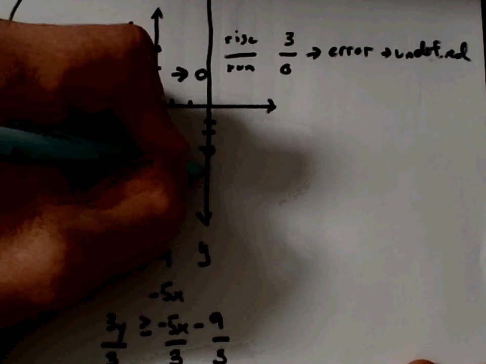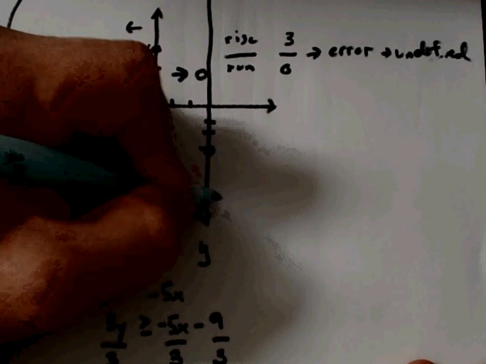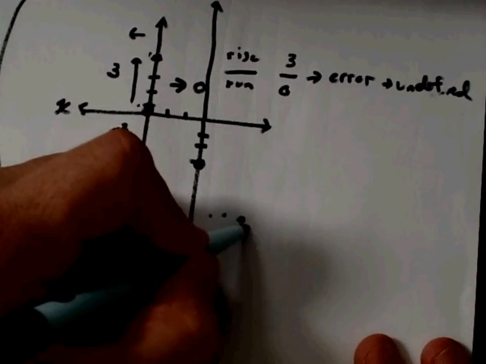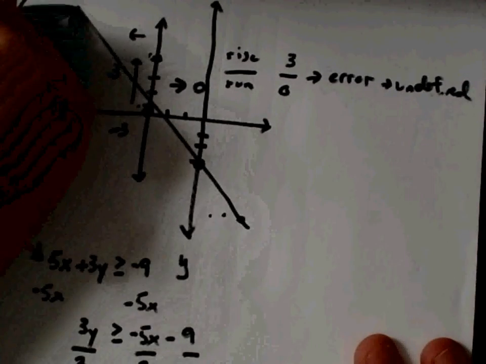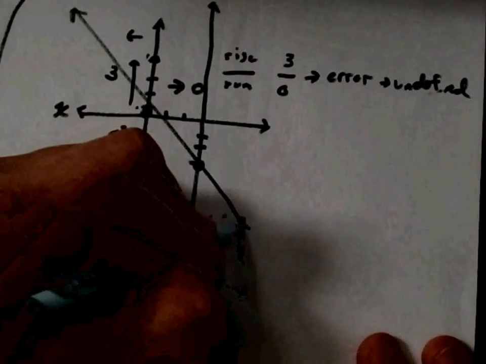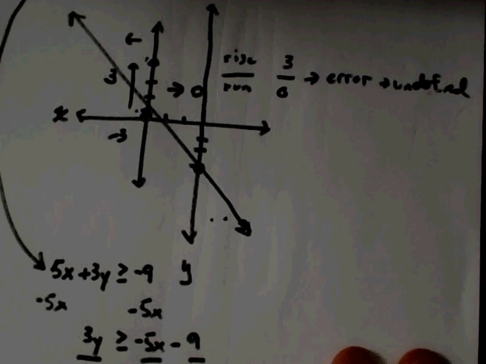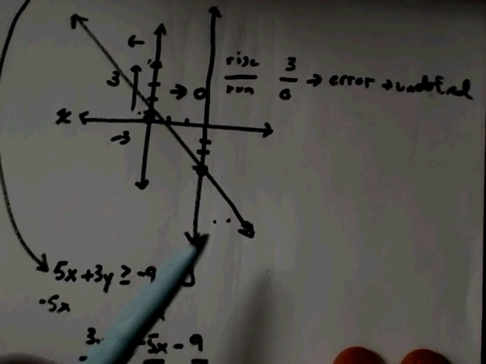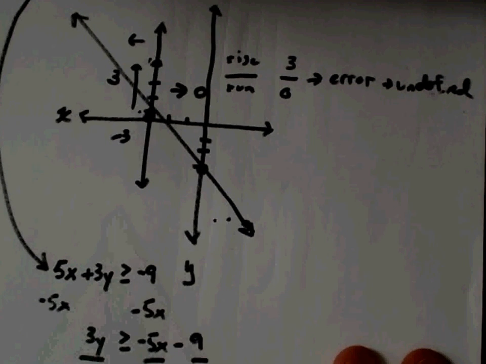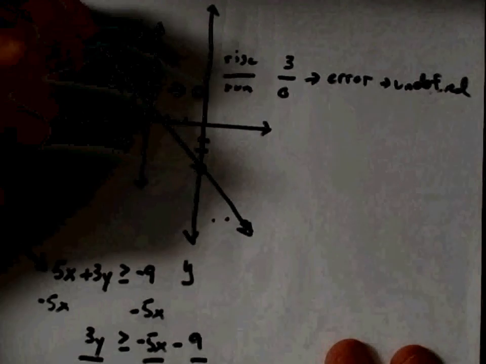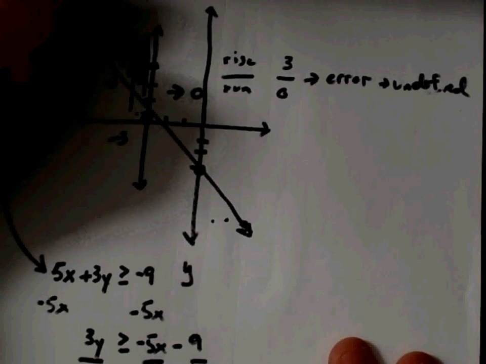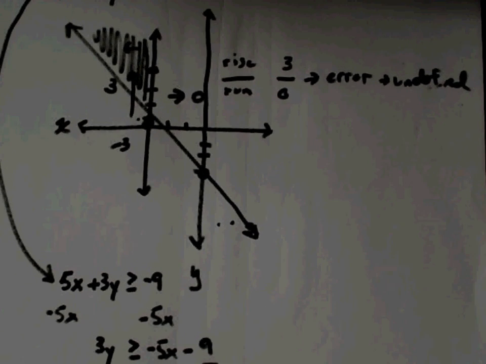I'm going to go down 5, this way 3. And therefore my line's going to do something like that. What do I know about that line? Greater than or equal to this line, so which way am I shading? Up. And so the shaded area that is shared is right there.